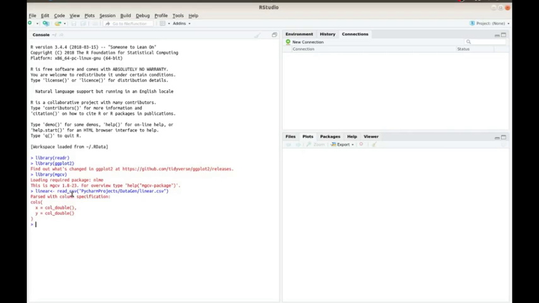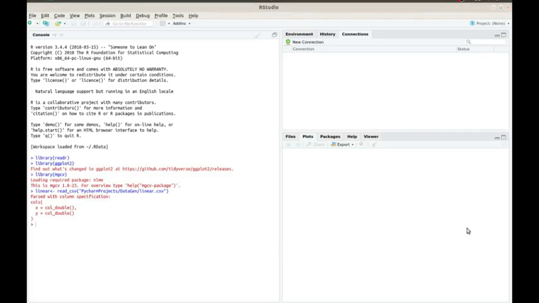As I failed to mention last time, for the parse with column specifications, if you do not define what column specifications you are looking at, the default is double. That is, the value of each coordinate is double. You could have it changed to integer or Boolean or whatever else, character, what have you.